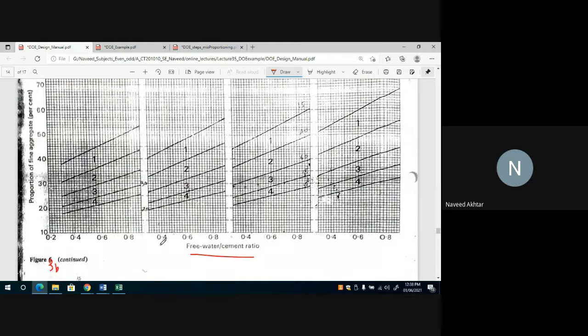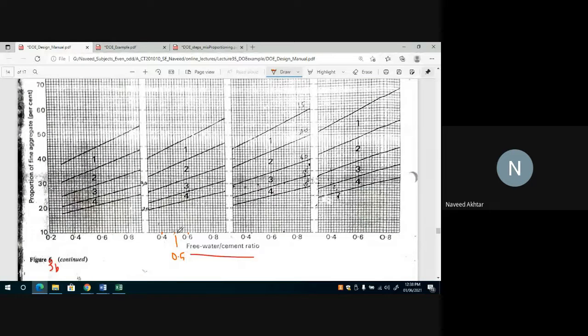Now the free water to cement ratio here is given as 0.4, and here it is given 0.6. 1 2 3 4 5, 1 2 3 4 5. This value is for 0.5.